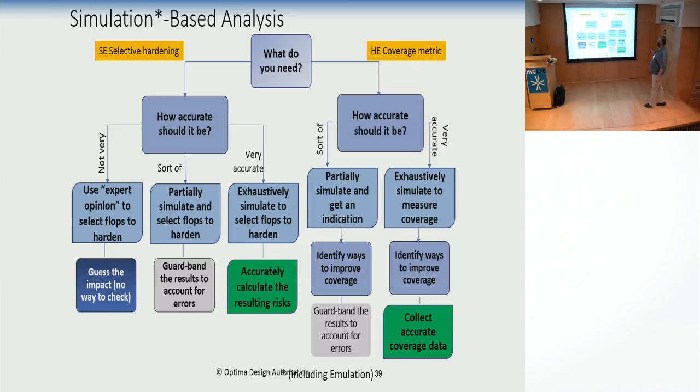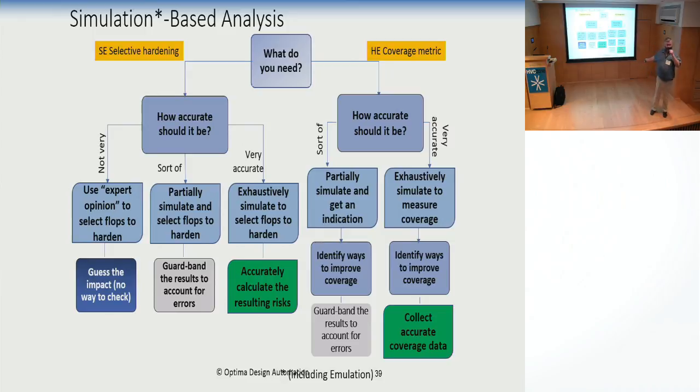Similarly, for a hardware coverage metric, how accurate do you want it? You can do some partial simulation, some statistical coverage, guessing, guard banding, and so on. Or you can do exhaustive. If you do exhaustive, not only can you get accurate results, but with various techniques you can get indications of how to improve: what are the critical nodes that you need to expose externally so that you can do better simulations.